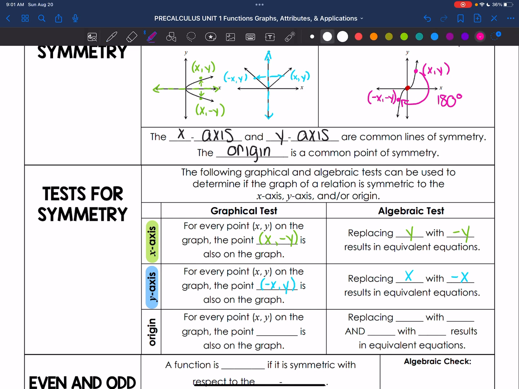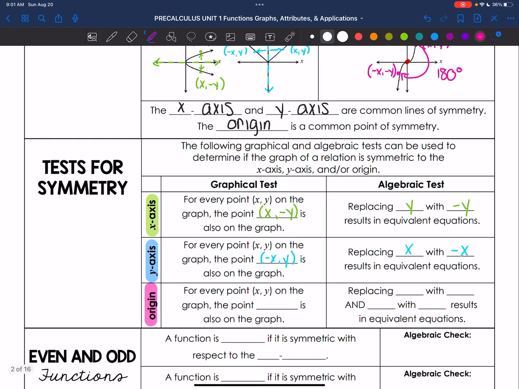And last but not least, what about this origin symmetry, that rotational symmetry? For every point x, y on a graph, we should get the exact opposite x and opposite y also on the graph. We replace y with the opposite of y and x with the opposite of x, and we should have the exact same equation. And we're going to do some examples where we see this play out.